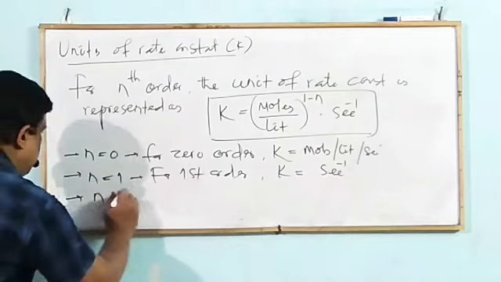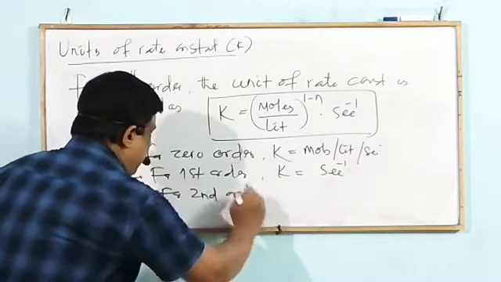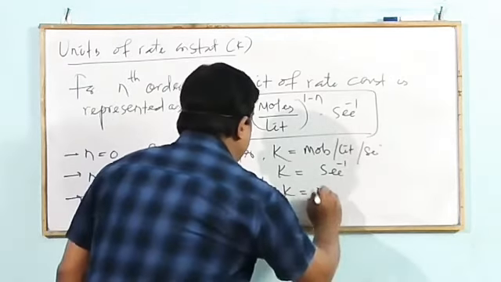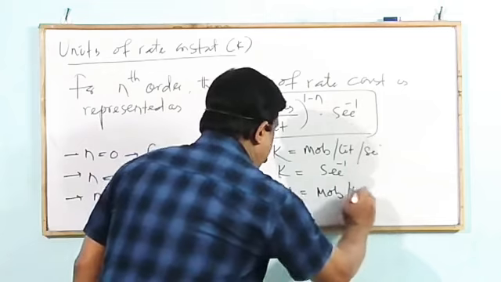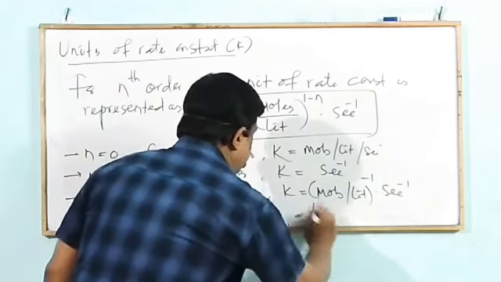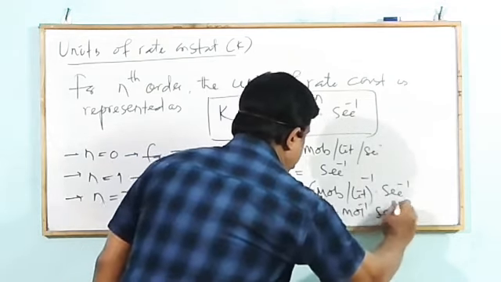Next, n is equal to 2, that is for second order reaction, the unit of K is equal to moles per liter to the power minus 1 second inverse, that is liter mole inverse second inverse.